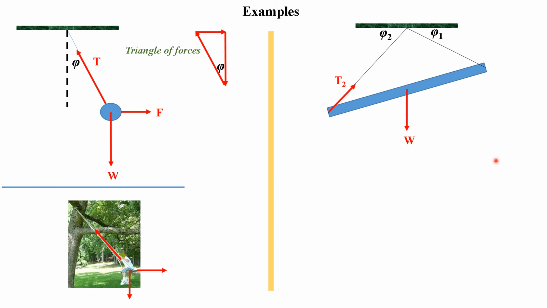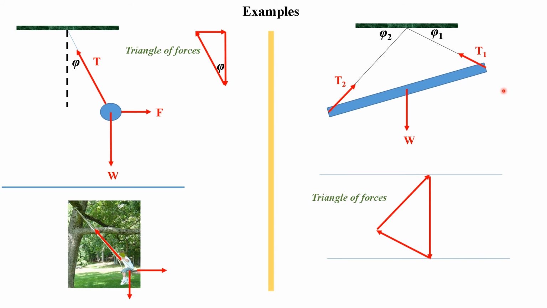Then if this is tension 2 and this is tension 1, certainly a triangle of forces can also be formed easily. To identify, this is parallel to the weight, and this is parallel to that tension. Then working out the angles is fairly easy.